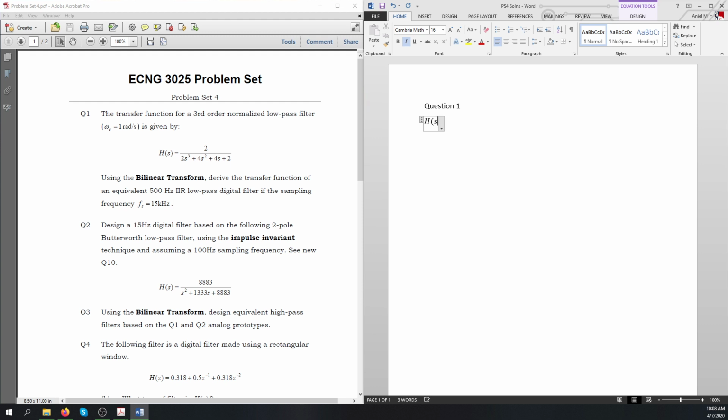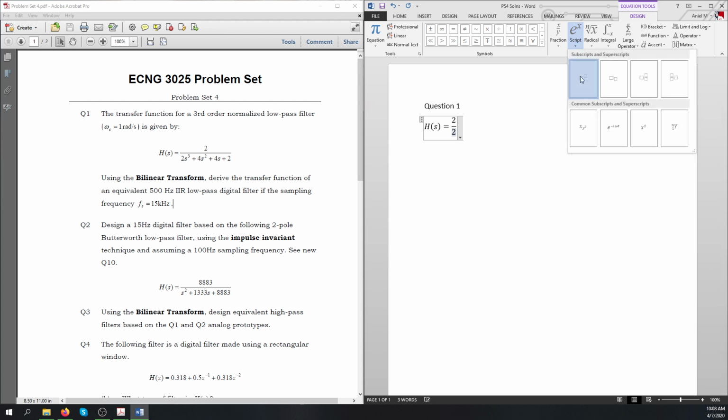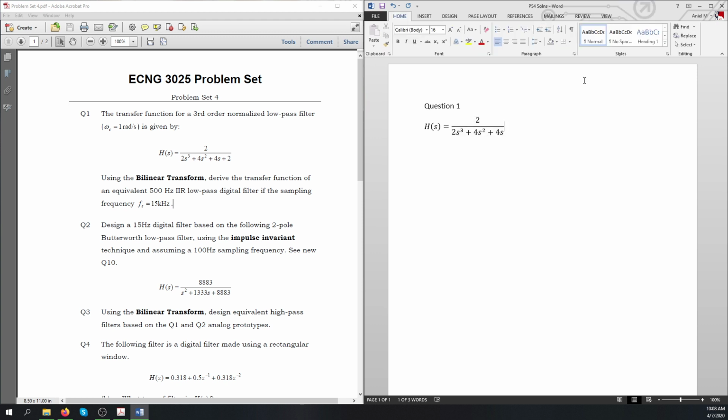So we know h of s here is given in the form of 2 on the numerator, then 2 s cubed plus 4 s squared plus 4s plus 2 on the denominator.